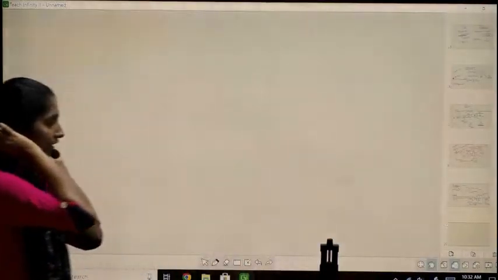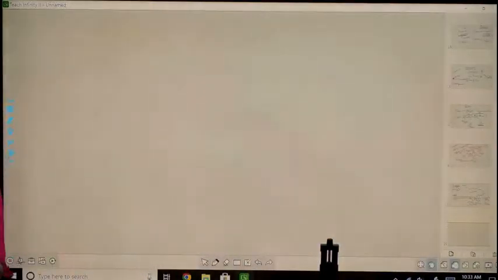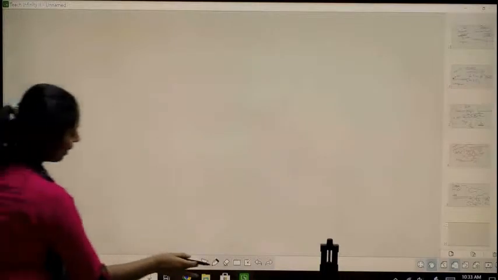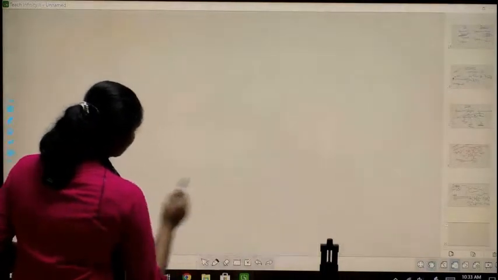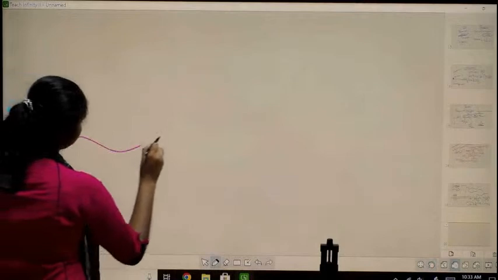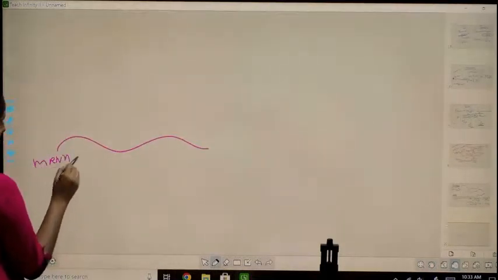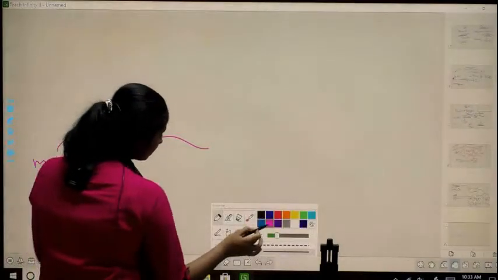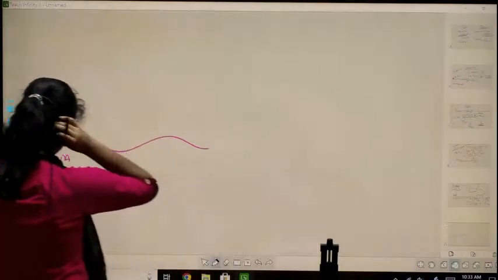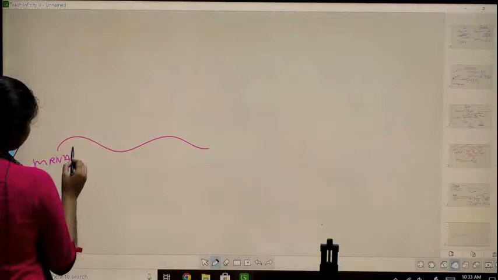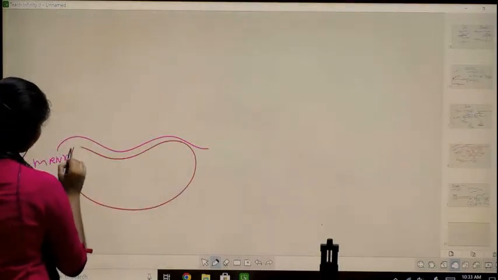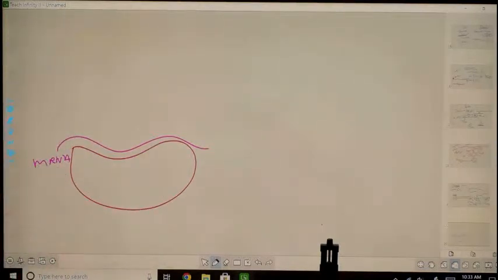So when does the process of translation begin? It begins when an mRNA is encountered by the small subunit. We have the mRNA here, right? When this mRNA encounters the small subunit, then the process of translation starts.